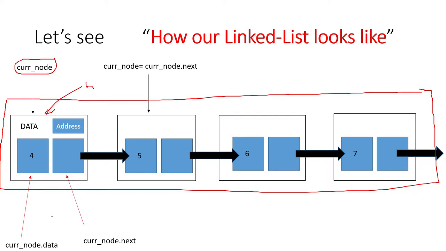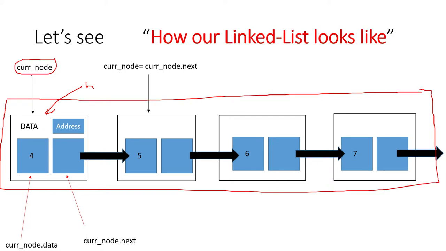The current node will have a data part and a next part, right? So we will traverse this current node through the whole list, extract the data part of the current node and print it.